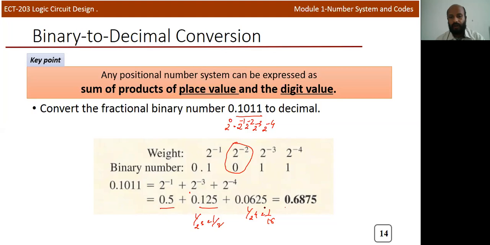So finally, if you add all these quantities, you will get 0.6875. So this decimal number can be represented as 0.1011 in binary. That's the meaning. When it is a fractional part, you need to multiply with 2 raised to minus 1 onwards.